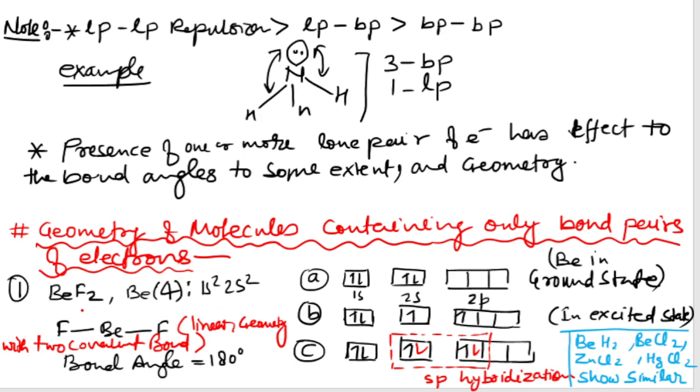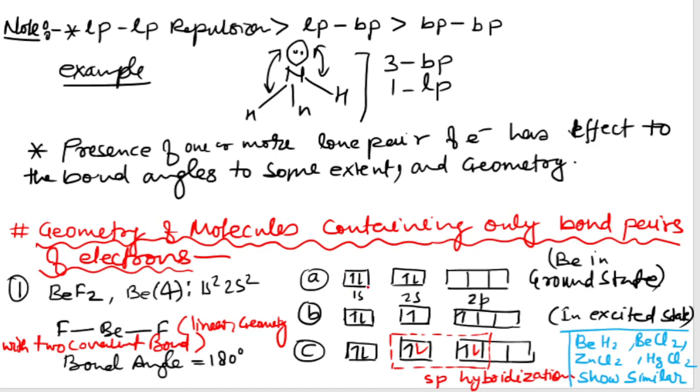First, I would like to discuss beryllium fluoride. Here we see the configuration of beryllium, 1s2, 2s2, so the valence electron count is 2.